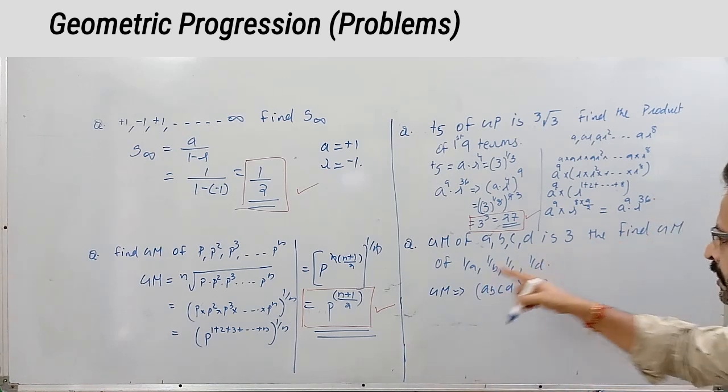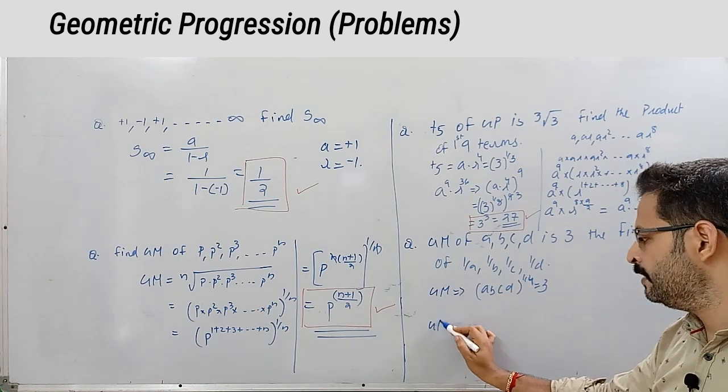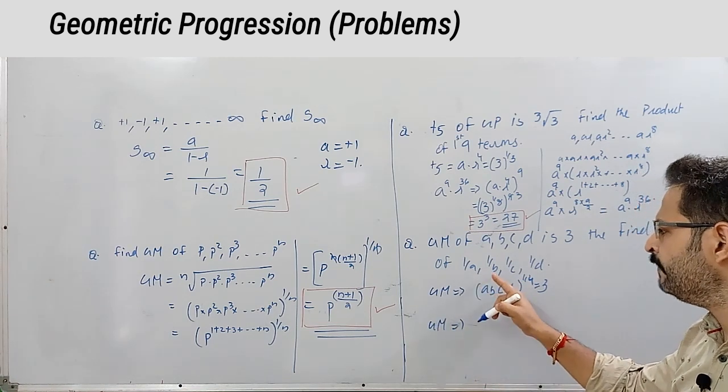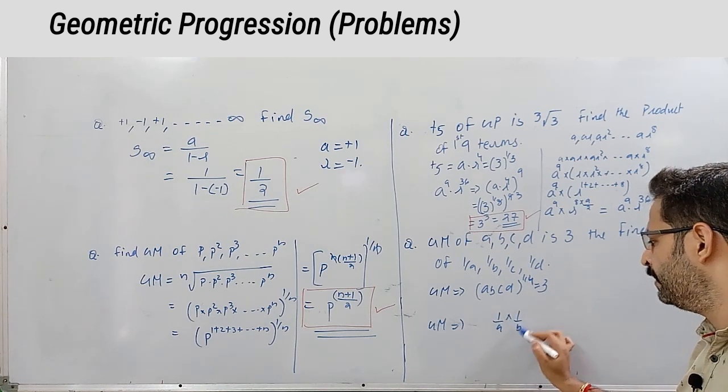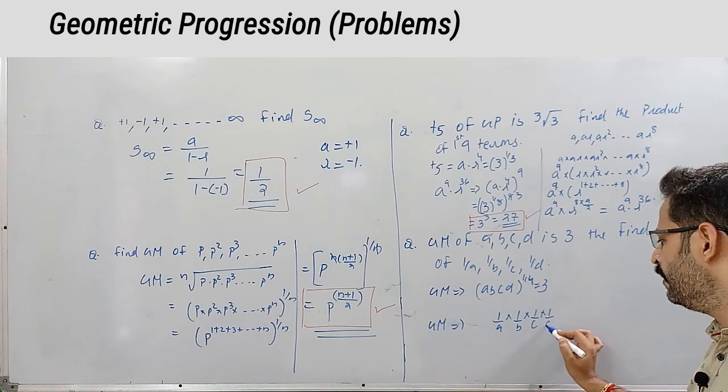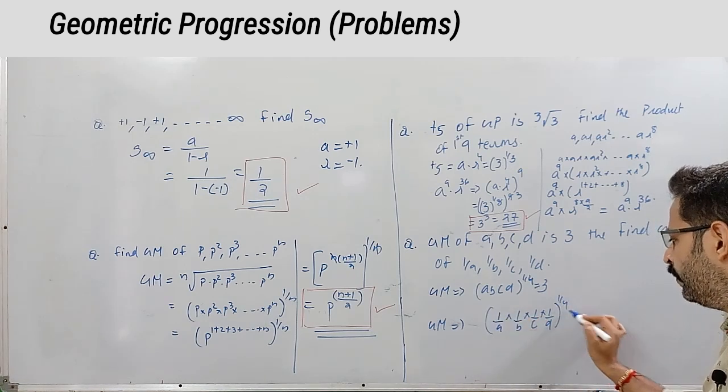Now we have to find the GM of 1 by A, 1 by B, 1 by C and 1 by D. That means the product of 1 by A into 1 by B into 1 by C into 1 by D, the whole raised to 1 by 4.